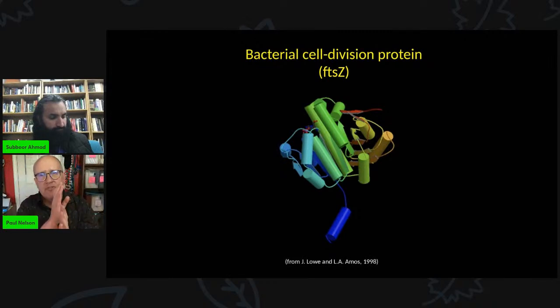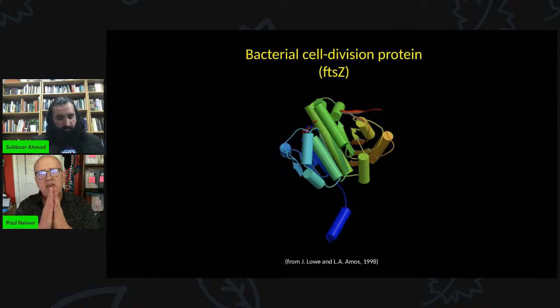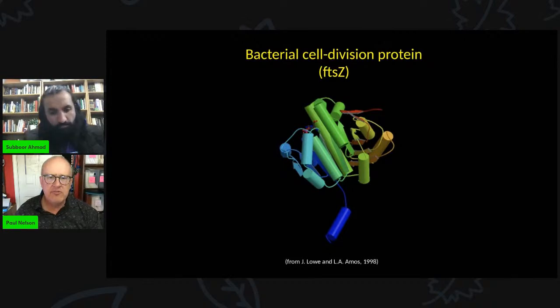And then you will form a septum at your 50% point, your midline, and divide there. And this protein is involved in doing that task of localizing the midline so the septum can form along which cell fission will occur. Okay, so pay attention to that shape. You've got alpha helices here, the cylinders. Beta sheets are these little arrows here.